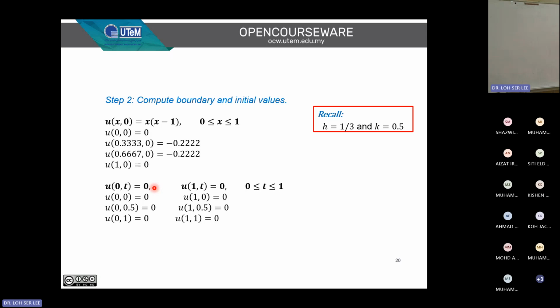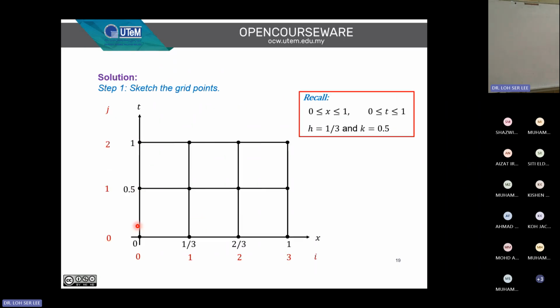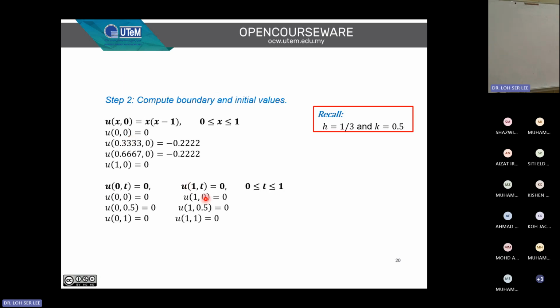Let's say this is 2, then this will be 2, 2, 2. When it is constant, it will remain constant, unless you see a variable t, which means you have to use all the values from the grid. Your t has 3 values: 0, 0.5, and 1. But if it is constant, it will remain constant always.